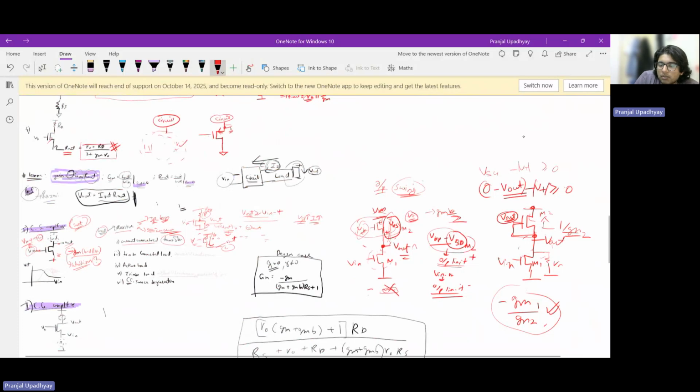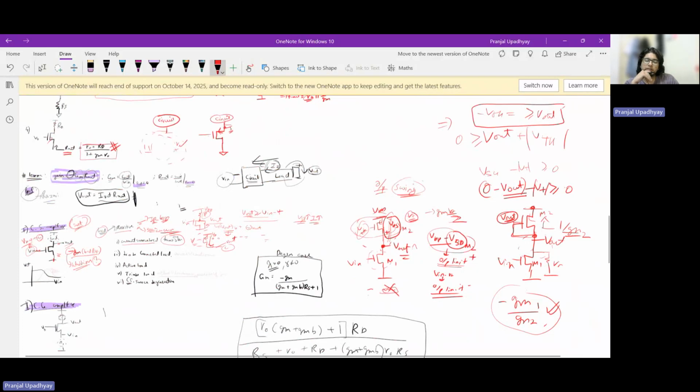So this basically implies that my V out plus Vt must be less than 0. Doesn't this imply that my upper limit of V out must be less than minus VTH?